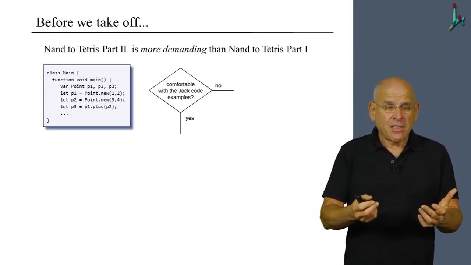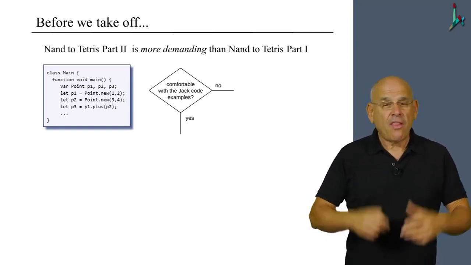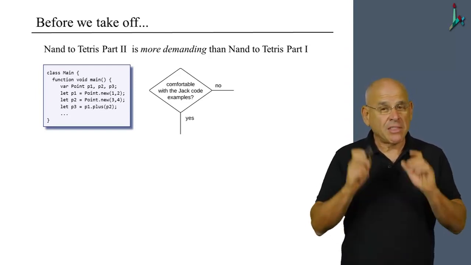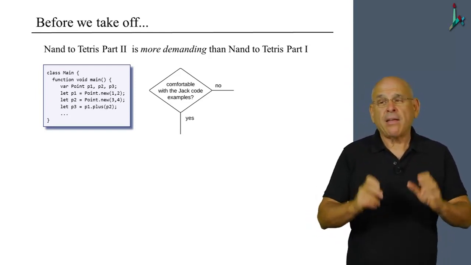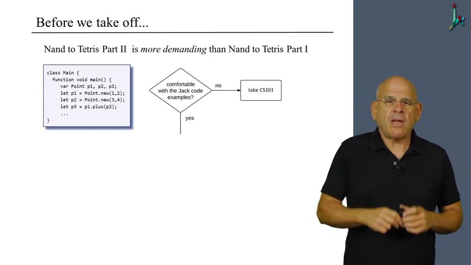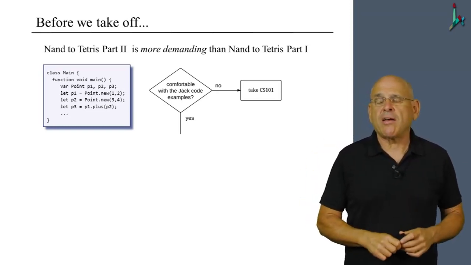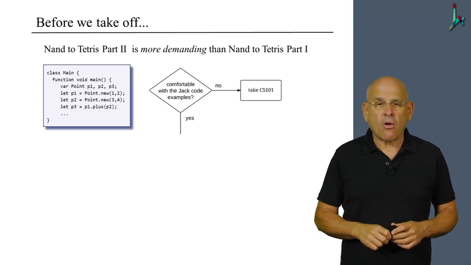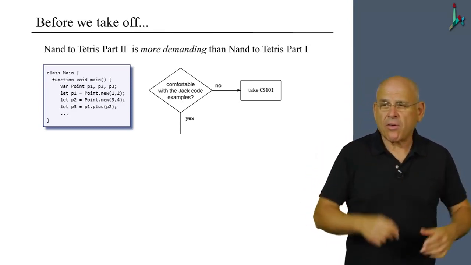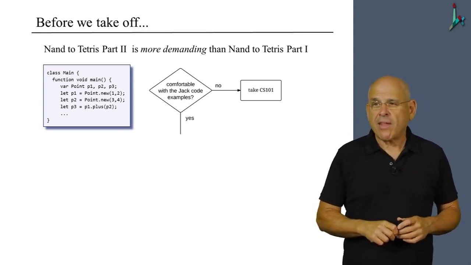If the answer is yes, if you understand what classes, methods, and constructors are, and so on, then you're ready to take this course. If the answer is no, then I beg that you don't take the course, and instead go and take some Introduction to Computer Science course, learn the ins and outs of high-level programming using some decent object-based language like Java or Python, and only then come back to us and complete NAND to Tetris Part 2.